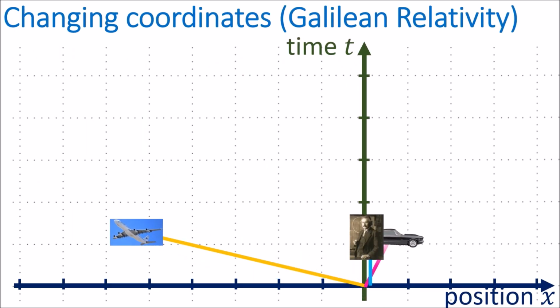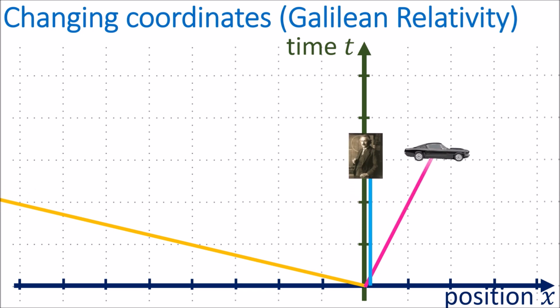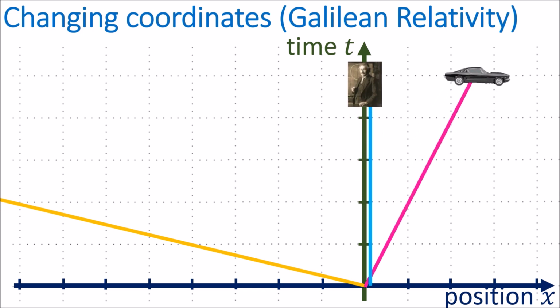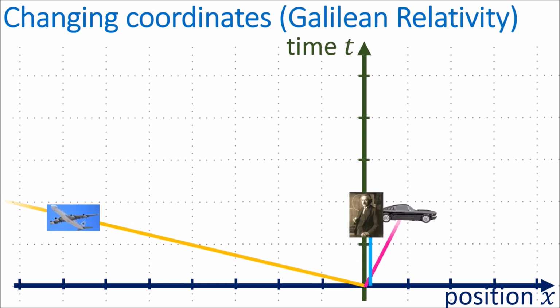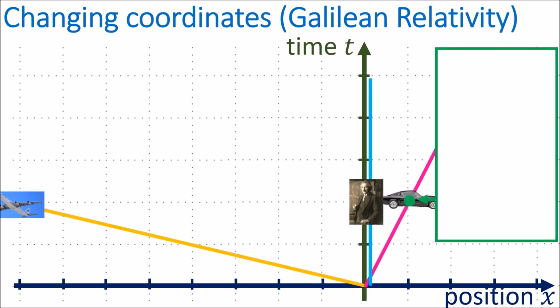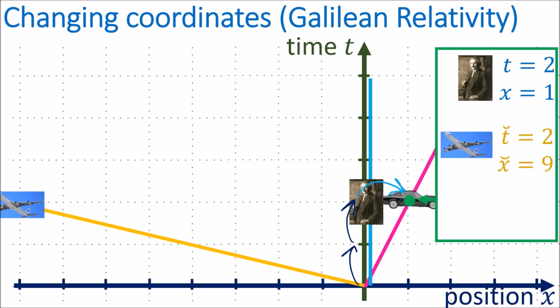We've seen that in Galilean relativity, observers in different reference frames will agree on time, but they will disagree on position. For example, if we look at this green event point on the space-time diagram, according to Einstein's reference frame, this will happen 2 time units into the future and 1 space unit to the right, compared to the origin.